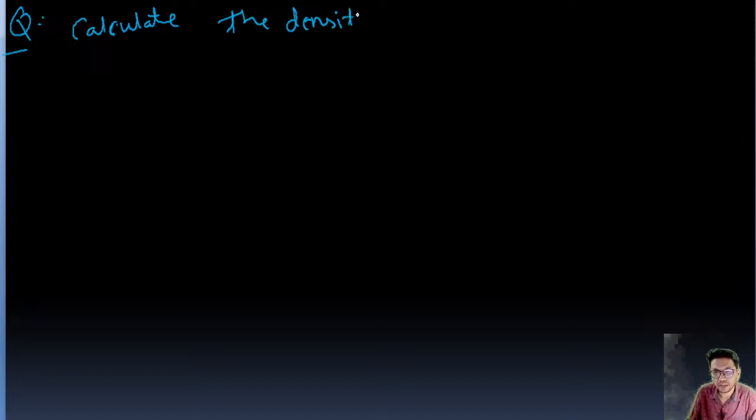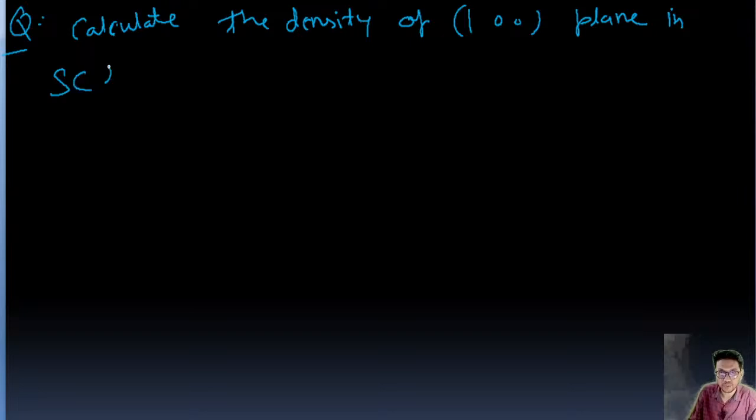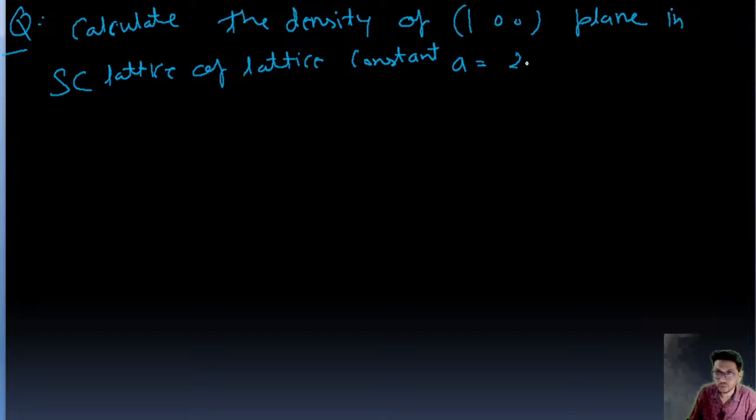Next question is: calculate the planar density of the 100 plane in an SC lattice, simple cubic lattice, of lattice constant A equal to 2.5 angstrom.